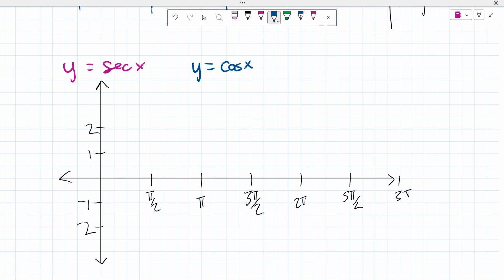Okay, where does cosine of x start? At 1. So we start right there. And then we're at 0, then we're at negative 1, then we're at 0, then we're at 1. Then I'm going to keep going. And you'll see why in a little bit. That's a cosine curve.